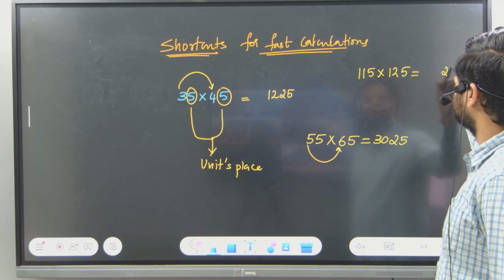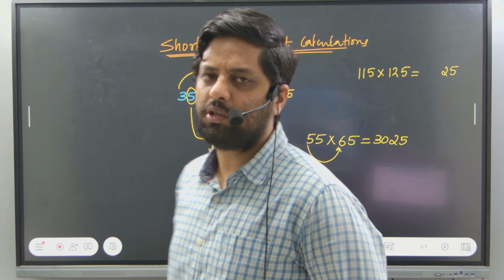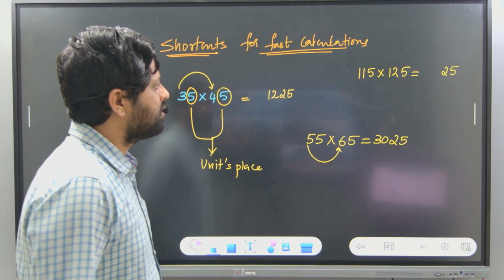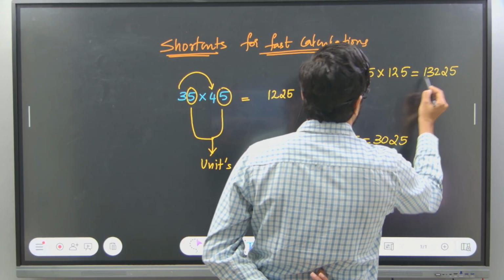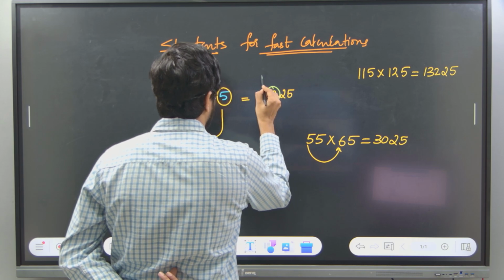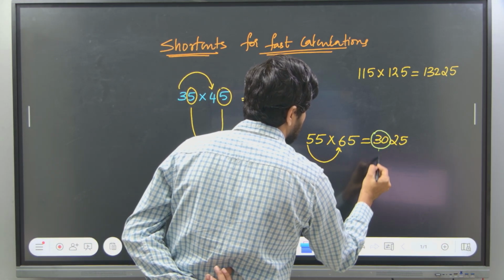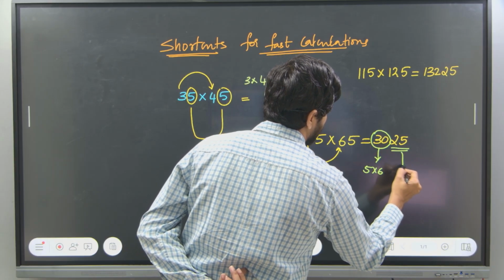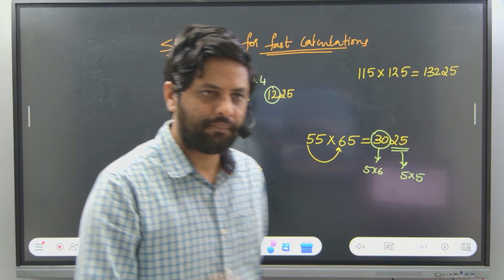So 5 into 5 is 25, and then you go with 11 into 12. 11 into 12 would be 120 plus 12, 132, right? It would be 132. So as I told you, this is nothing but 3 into 4, this is nothing but 5 into 6, and this is 5 into 5. Clear? All right?